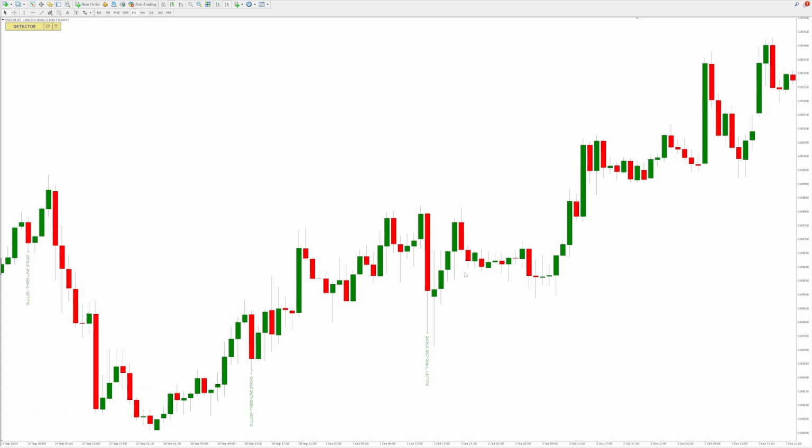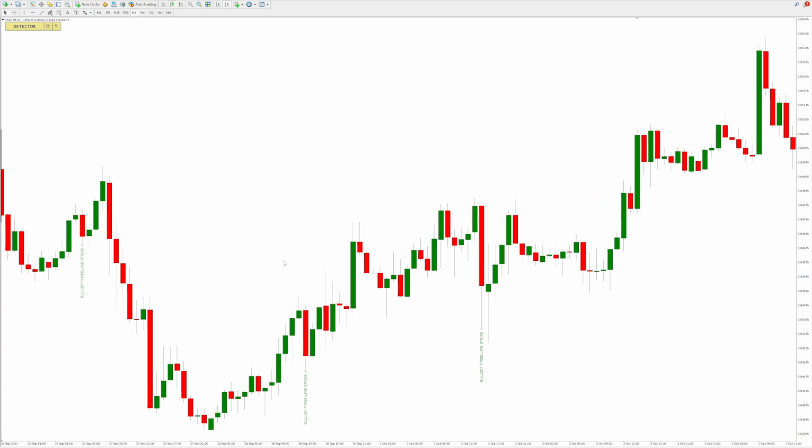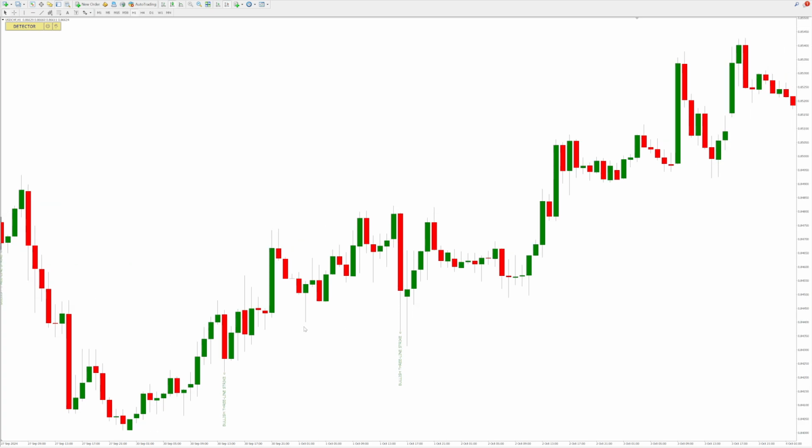The first thing we're looking for on a chart is either three bullish or three bearish candlesticks. So we have here 1, 2, 3 bullish candlesticks, and then following on from that we want one big candlestick, the strike candle, let's say, which goes below the low of the initial 3 candlesticks.